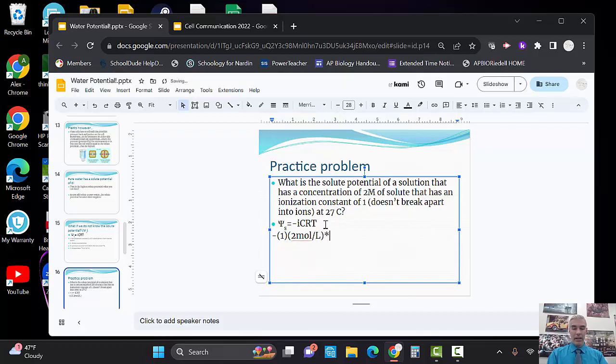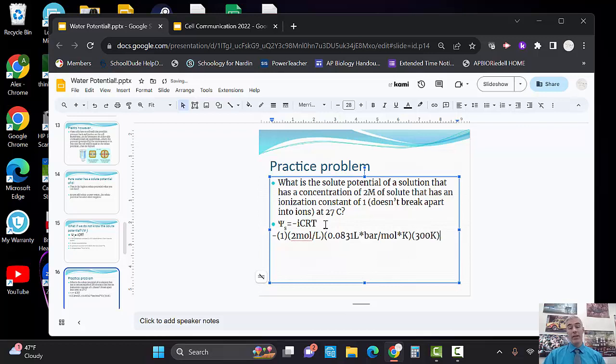Times the gas constant, which is 0.0831 liter times bar per mole per Kelvin. Okay, and then temperature 273 plus 27, which is 300 K.